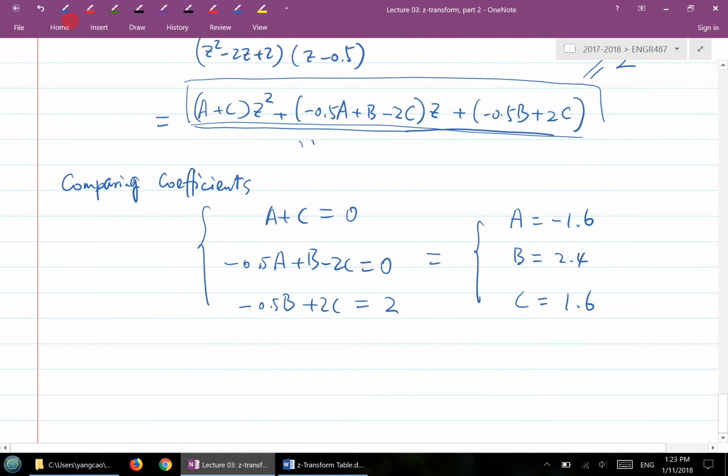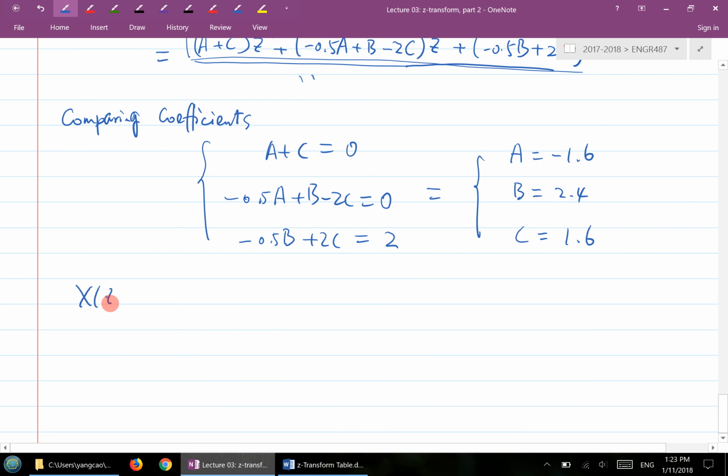Okay. So we're not finished yet. This is basically maybe 2/3 of the question to solve, because we're solving for the inverse of the x of z here, right? So let me rewrite the x of z now, which is negative 0.6 times z squared. Because now we're going to multiply the z back to the right side.